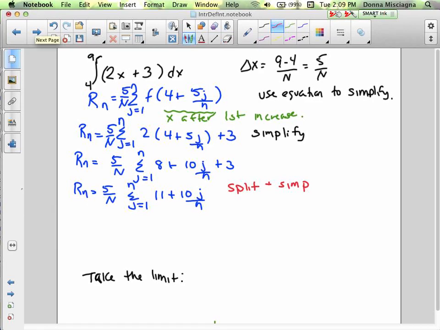Yes, it's a Riemann sum, but let's focus on the fact that it's a summation. All right, so you get a 5 over n. And you get a 5 over n. Now, see, now it's lowercase, I told you.